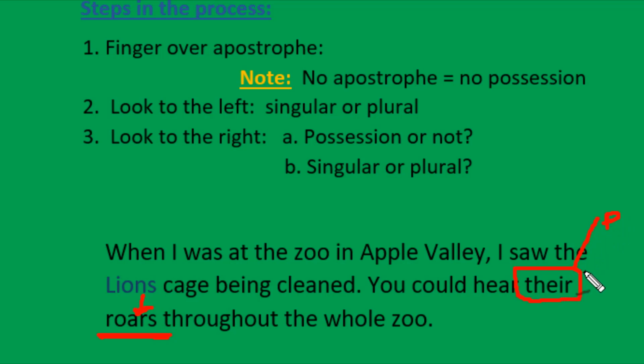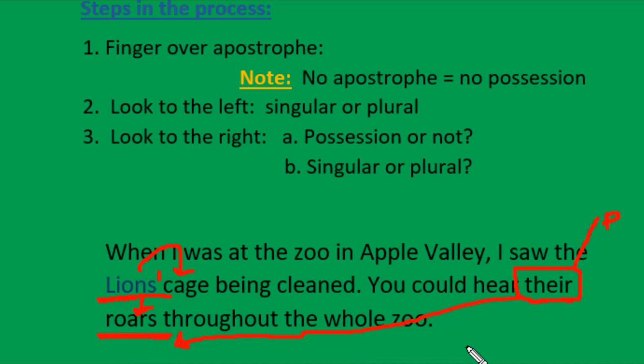So that tells us that their roars has to go. There's multiple lions that are roaring. And now we know that the apostrophe will go here. Lions, plural, possess their own roars. And how do we know? Because their, plural, own their own roars.